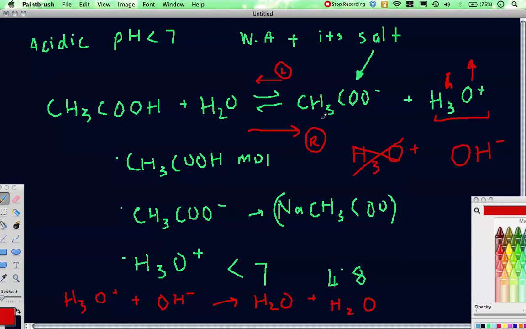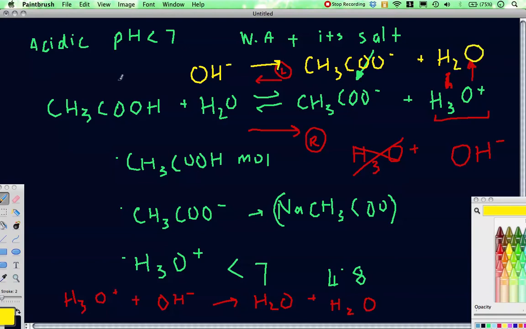One thing that your textbook doesn't mention, but that I think is worth noting, is that any added hydroxide ions can also react with the acetic acid molecule, and that reaction would yield the acetate ion and water.